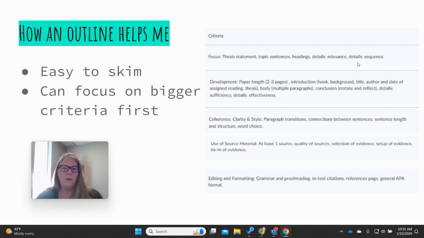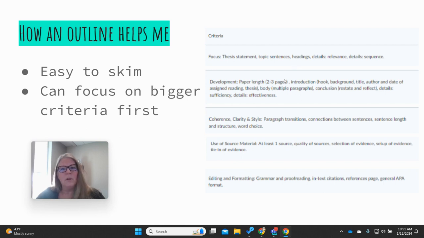If your paragraphs are not focused, if you have too much overlap, or if you don't have a clear focus for your paragraphs, it doesn't make sense for us to go on to discuss development or coherence and clarity or editing and formatting. It wouldn't make sense to deal with that if you have problems with this level, right? So I can check those problems in an outline and we can correct them before you actually start drafting.